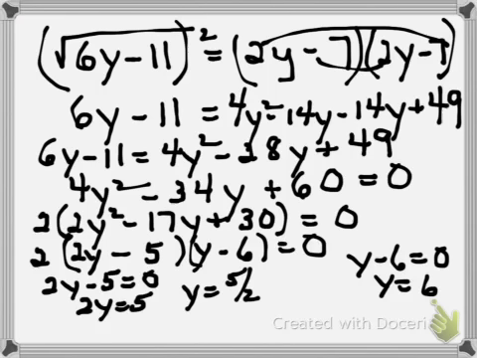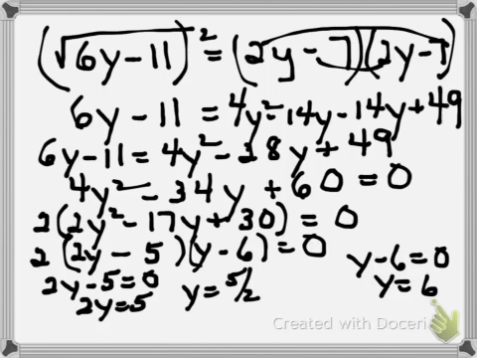5/2. If I substitute 5/2 in place of y under the radical, I have 6 times 5/2 minus 11, which gives me the 15 minus 11, which is the square root of 4, which is 2. And when I substitute in on the right-hand side, it doesn't check.